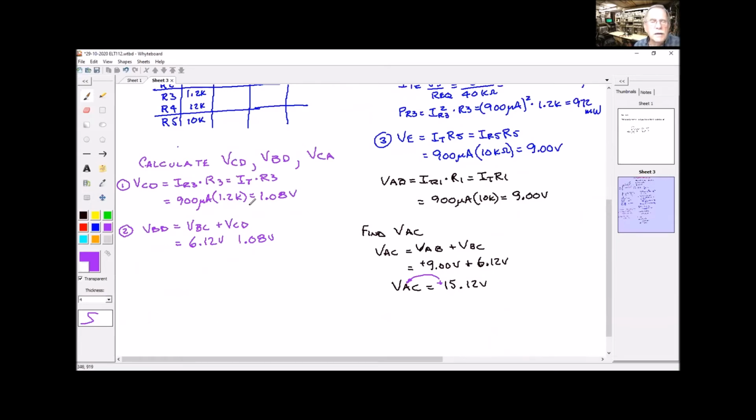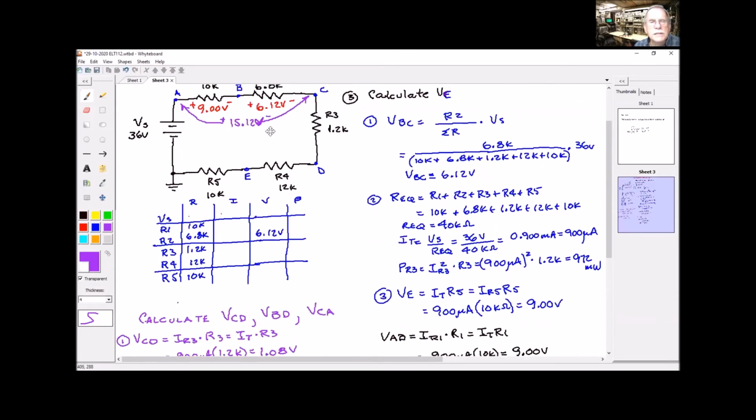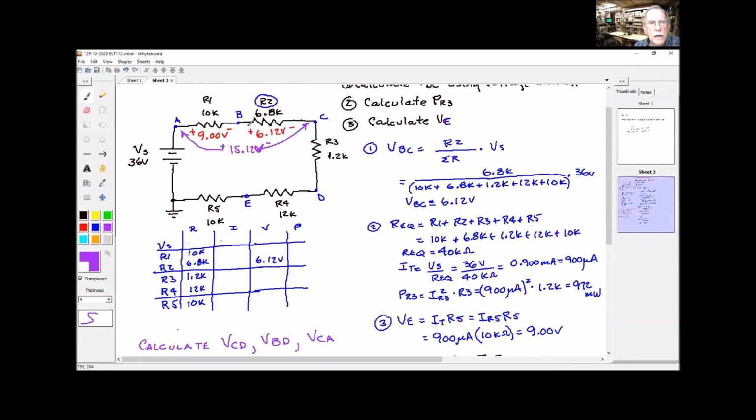And if I look at it, it's VBC. So we look at B and say, okay, that's the plus end. So that's going to be a positive for the 6.12. And if I put in the 1.08 volts, current comes around, goes into the top end of R3, makes that the plus end, leaves the minus, the bottom end, makes that the minus end.